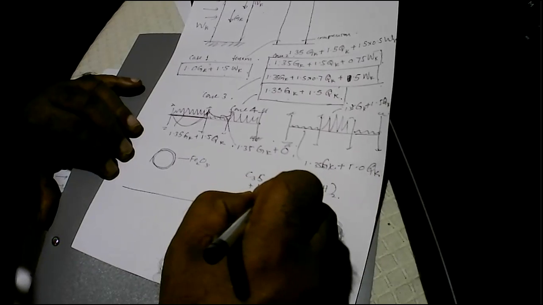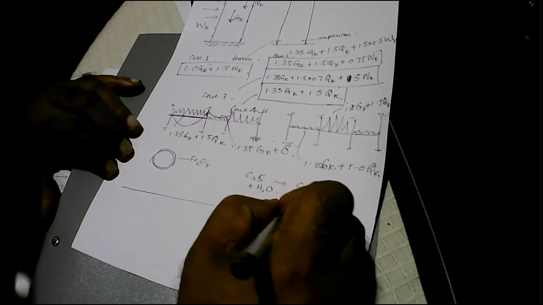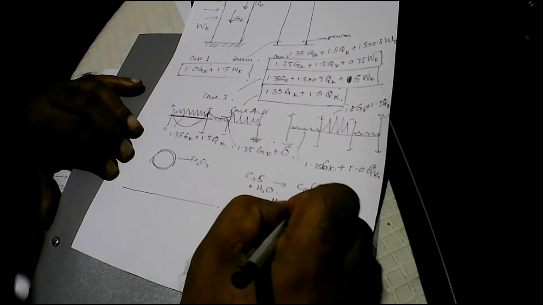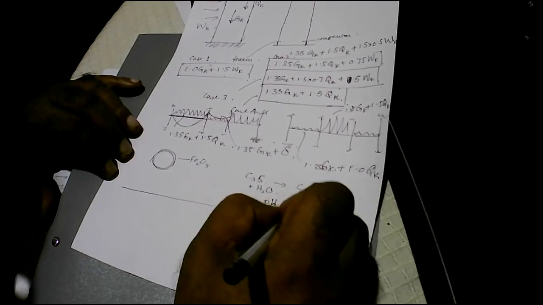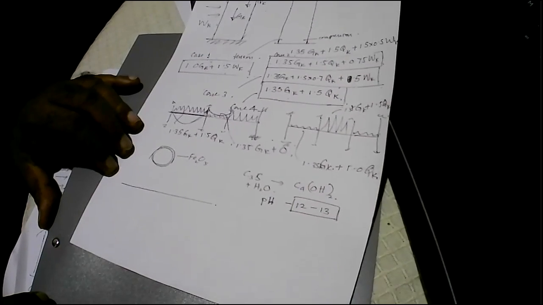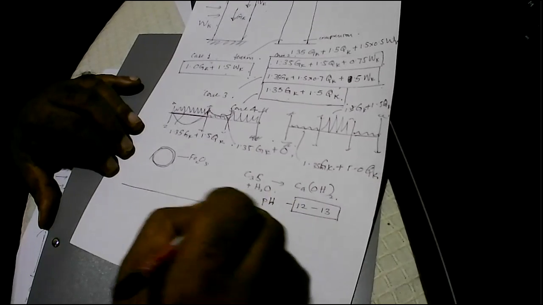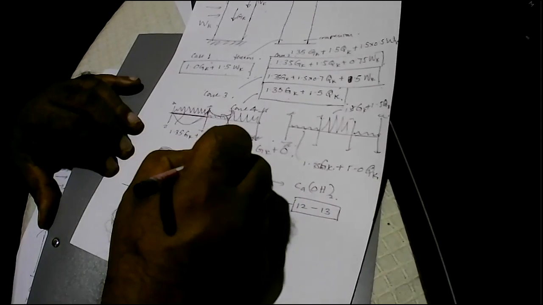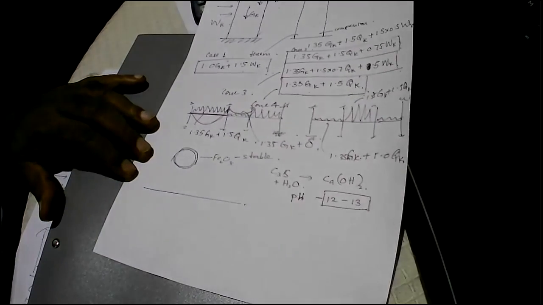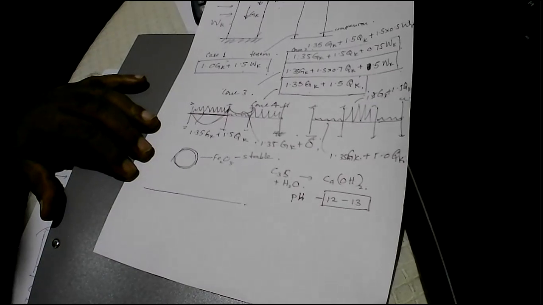And because of that, the pH value of concrete remains around 12 to 13. So when pH is 12 to 13, this ferrous oxide layer is very stable. So that's why, in reinforced concrete, the reinforcement will not undergo any corrosion.